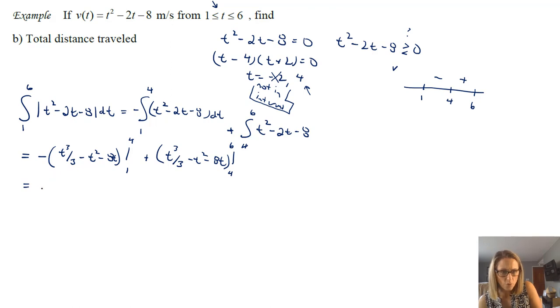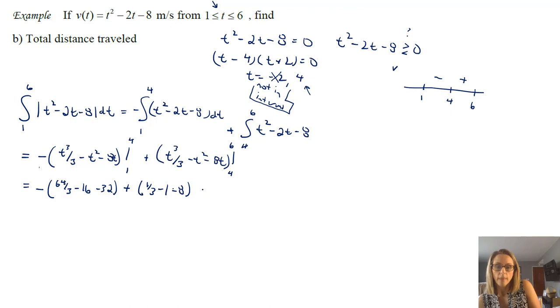Okay, so I'm going to have a negative, and then I'm going to have 64 over 3 minus 16 minus 32, and then a minus, but I have a minus here. So it's already subtraction because of the fundamental theorem part 2, but then I have this minus right here. So then that'll be a plus, and I'll have 1/3 minus 1 minus 8.